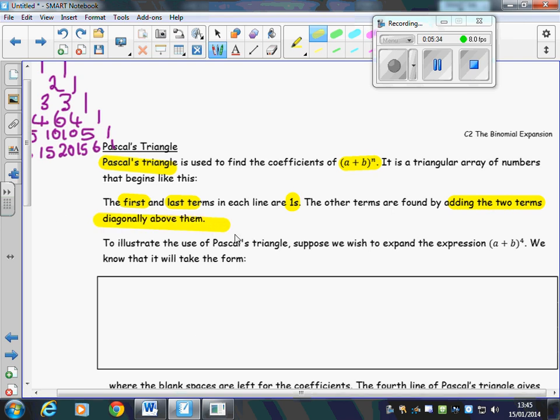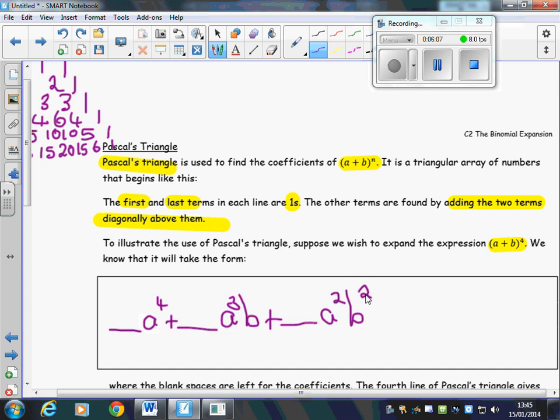To illustrate Pascal's triangle, we're going to first of all suppose that we are trying to expand a plus b to the power of 4. So we know from the previous page that this means that we are going to have some coefficient, and then we'll have a to the power of 4 plus some coefficient a to the power of 3 b, plus, and carrying on doing this, making sure that we decrease the power of a by 1 each time and increase the power of b by 1 each time.